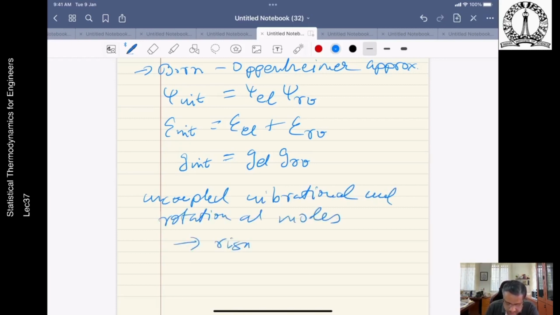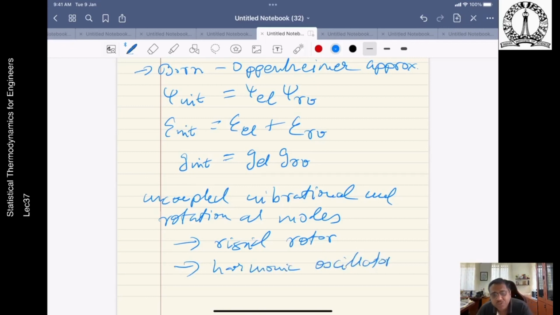One is the rigid rotor, and the other one is a harmonic oscillator. These were the 2 approximations that we used to separate.